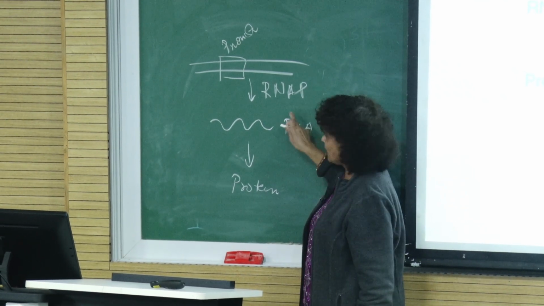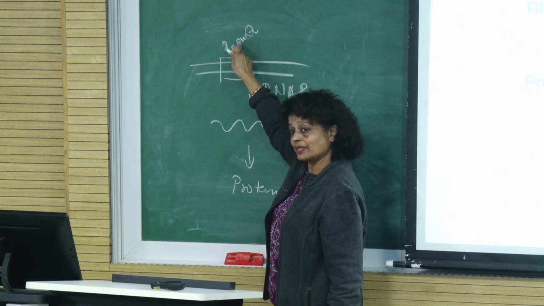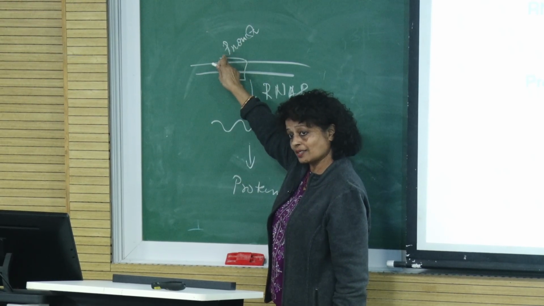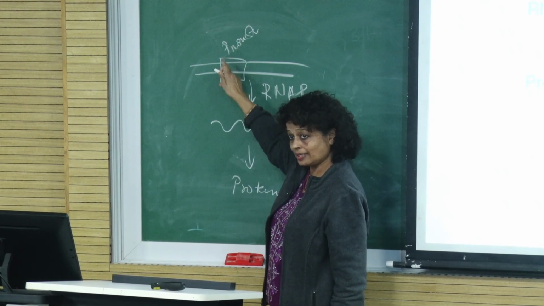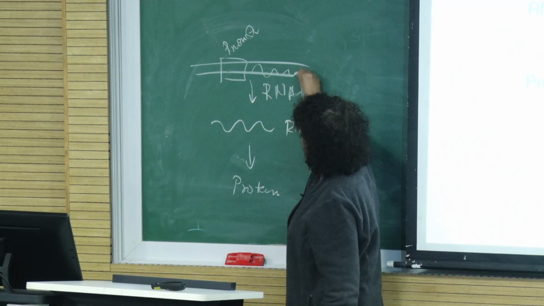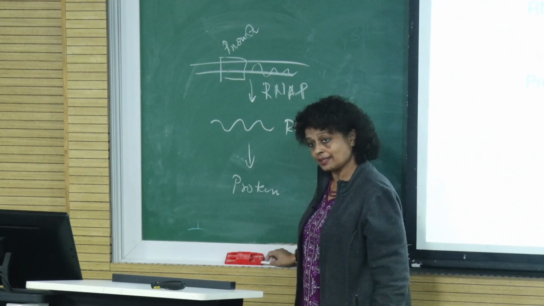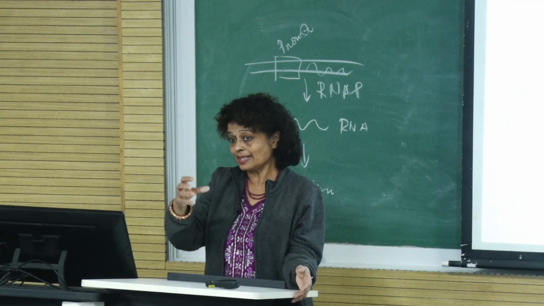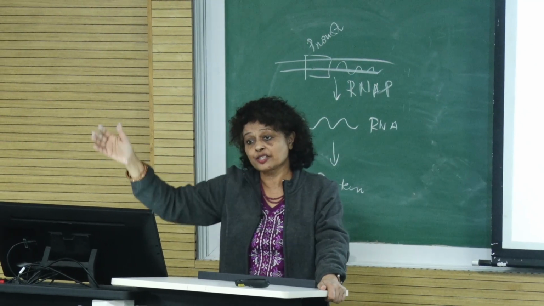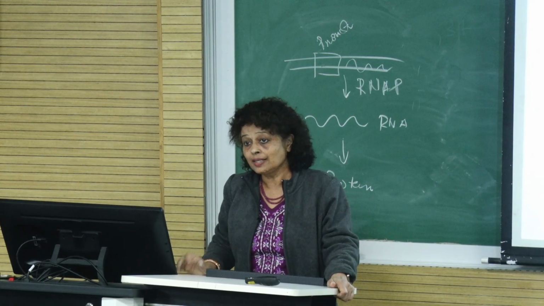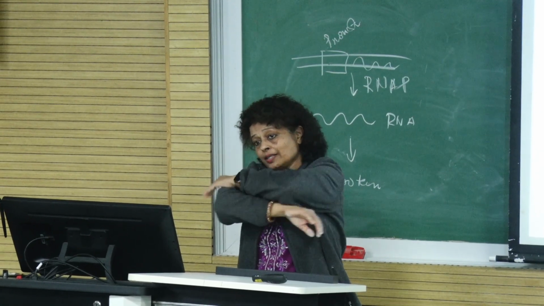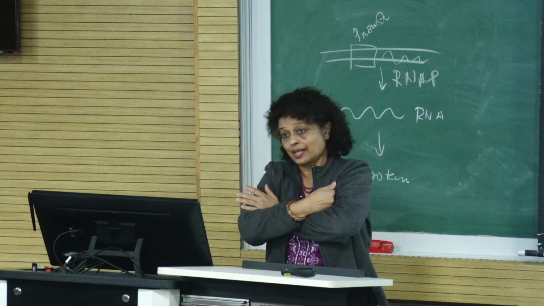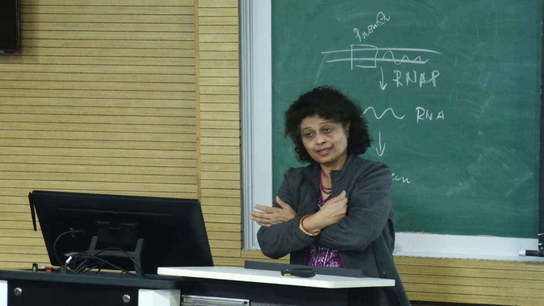This RNA polymerase will recognize special sequences on the DNA called promoters. It will bind here and then make the RNA. That makes sense? So promoters are very important because they tell that this RNA should be made.